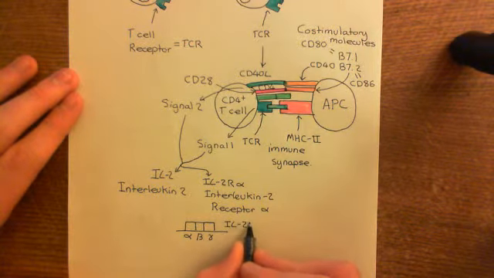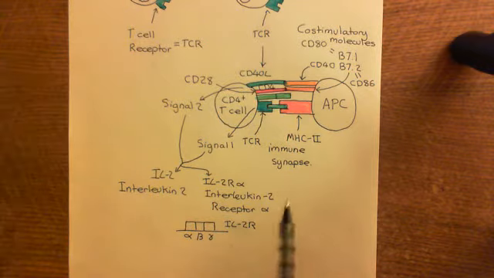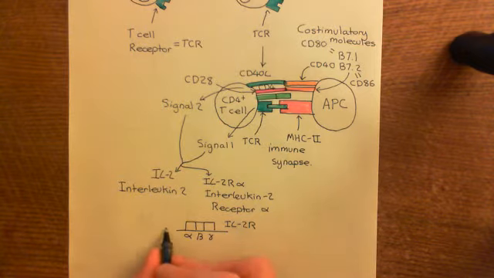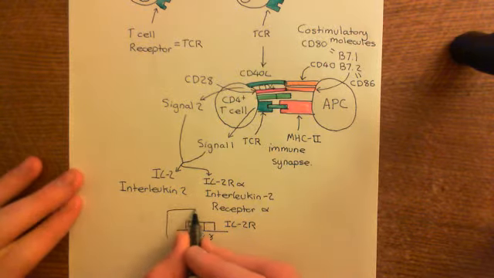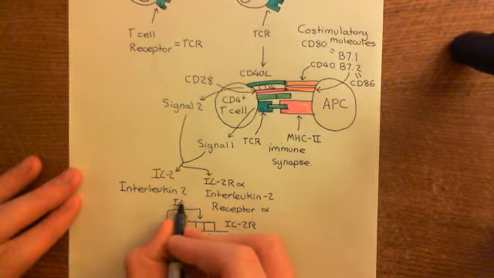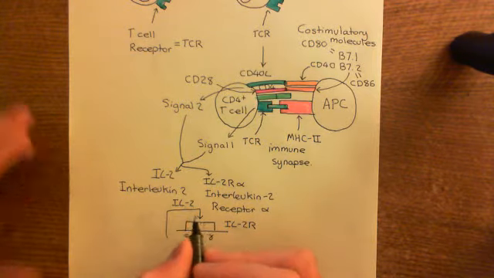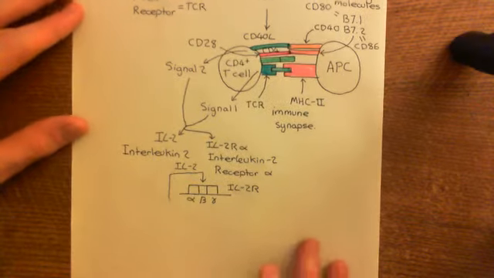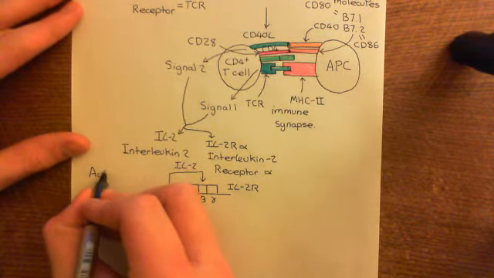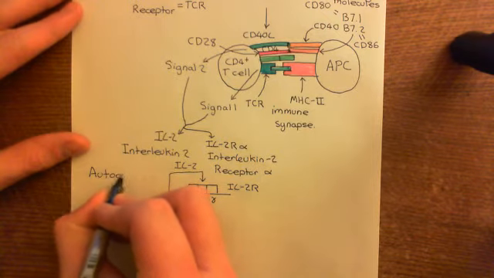The activated T cell will now also produce interleukin 2 and secrete it out from the cell, and then that interleukin 2 will come back and stimulate the receptor on the same cell, basically. And this kind of a signaling pathway is what's known as autocrine signaling. Okay, auto means self, basically.